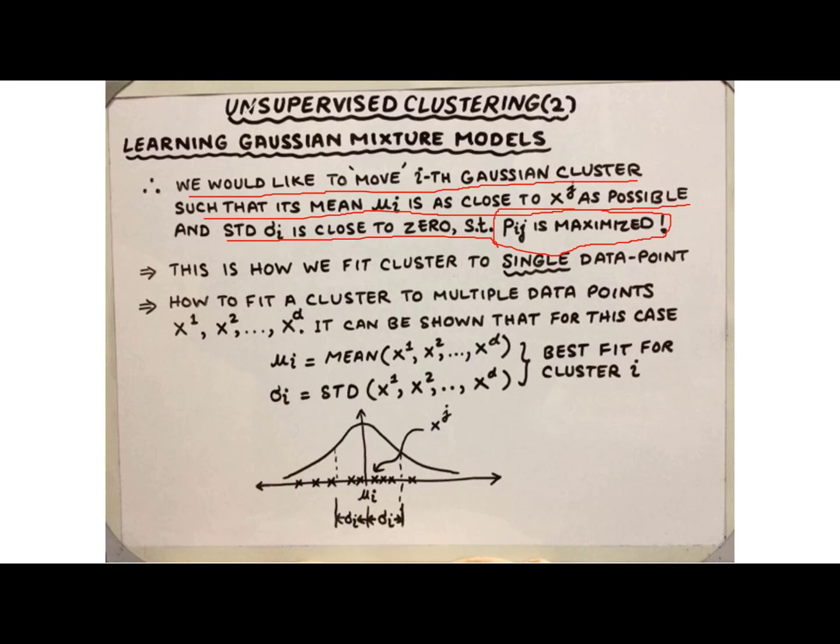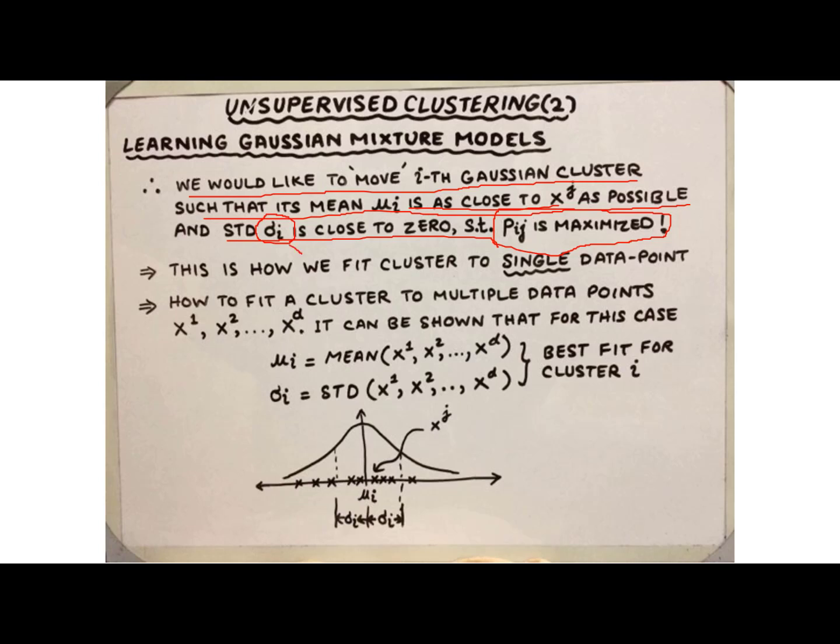So we understood why xj needed to be closer to the mean value, but it is also important to understand why reducing the standard deviation is important. That's because in the previous slide, increasing sigma I lowers Pij and vice versa.